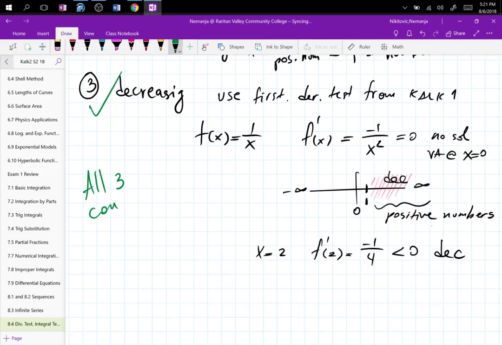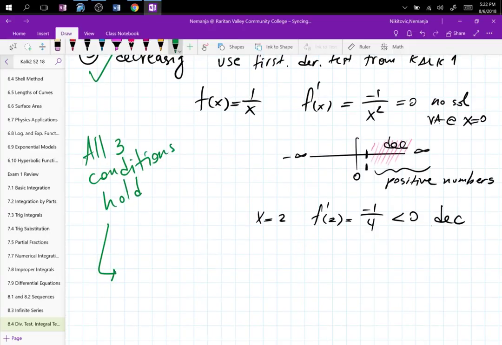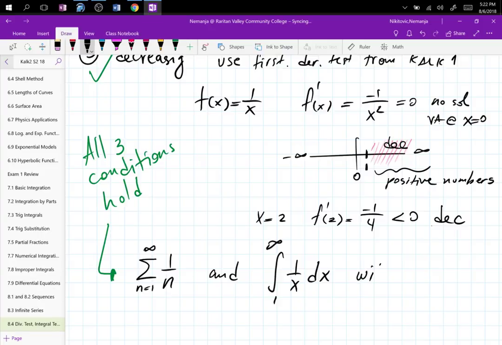All 3 conditions hold. That means that the series, n goes from 1 to infinity of 1 over n, and the integral from 1 to infinity of 1 over x dx will have the same conclusion.